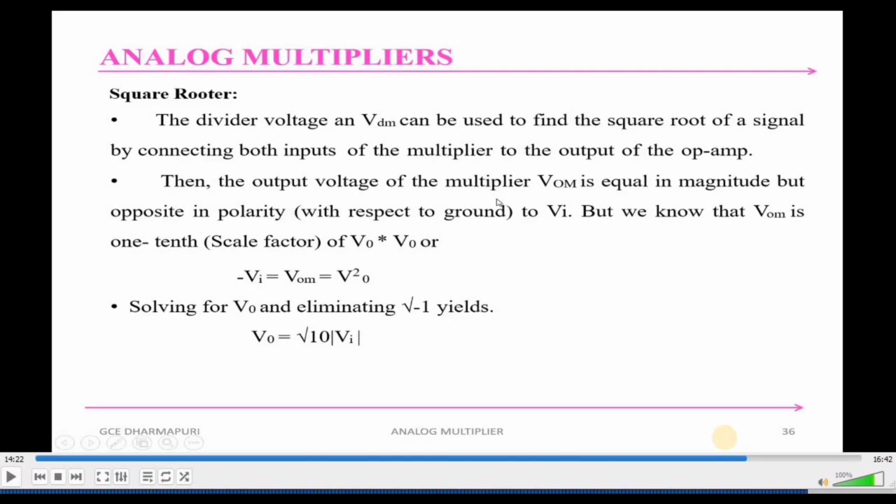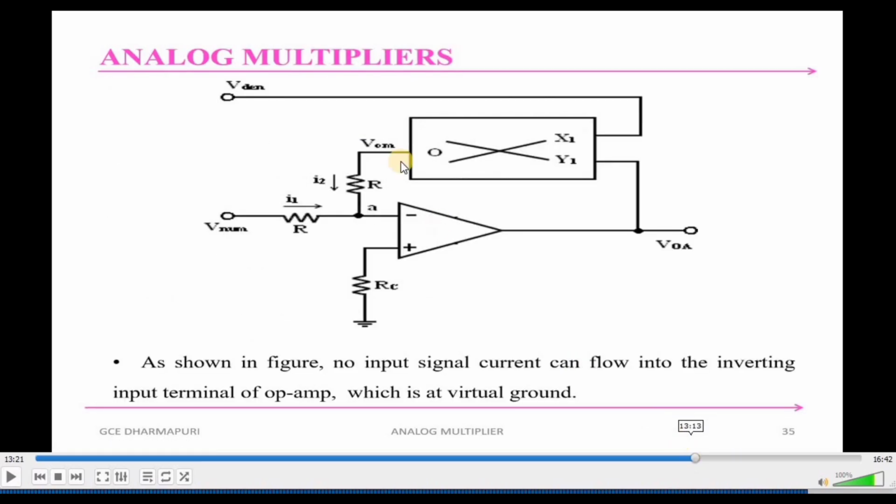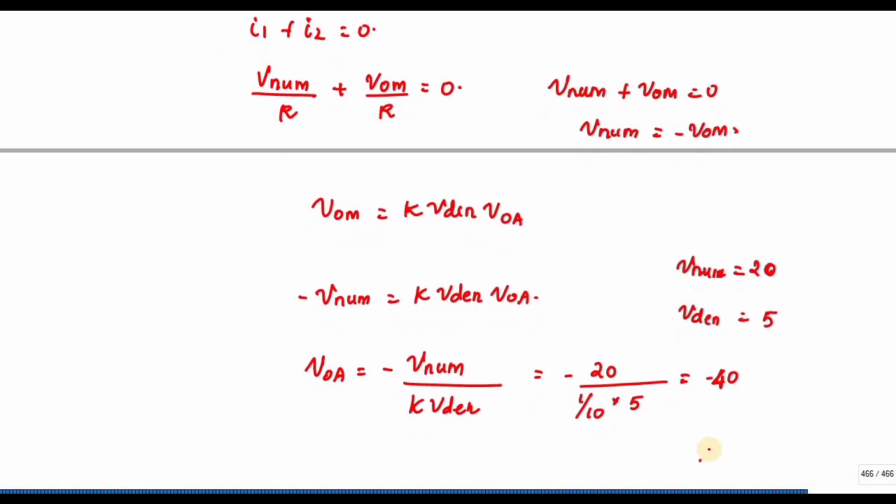Taking the divided voltage as VOA, which can be used to find the square root of a signal by connecting both inputs of the multiplier to the output of the op-amp. In this circuit, suppose this is also VOA. For the square rooter, what will happen?